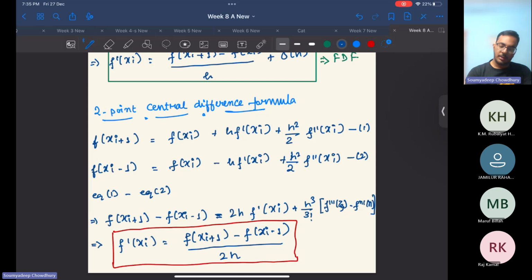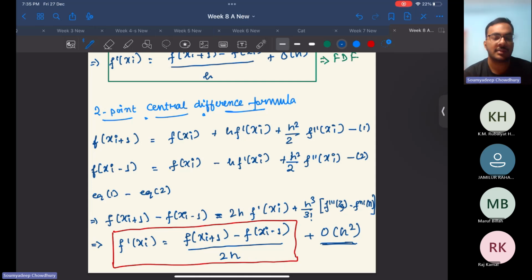So here, if we divide by h, your error will be of the order of O of h square. So remember this, in central difference, the error is of the order of O of h square. That is, the error is less here because the forward difference and the backward difference had errors of the order of O of h.